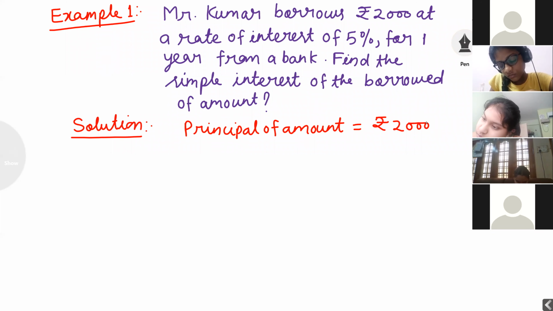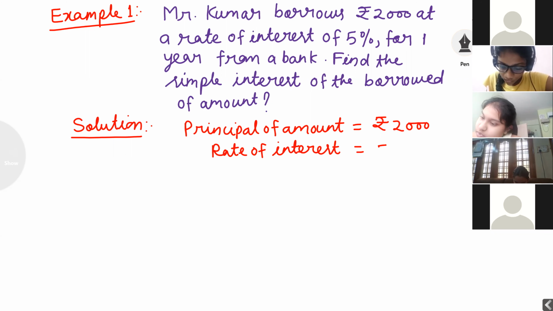Rate of interest is equal to 5% per year, meaning 1 year, we can write here per annum. Small p, small a. PA means not personal assistant, per annum.